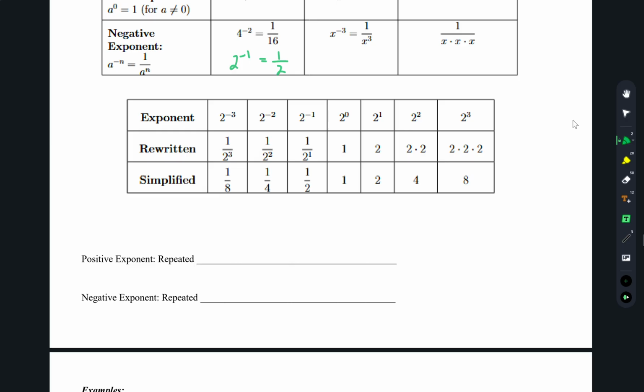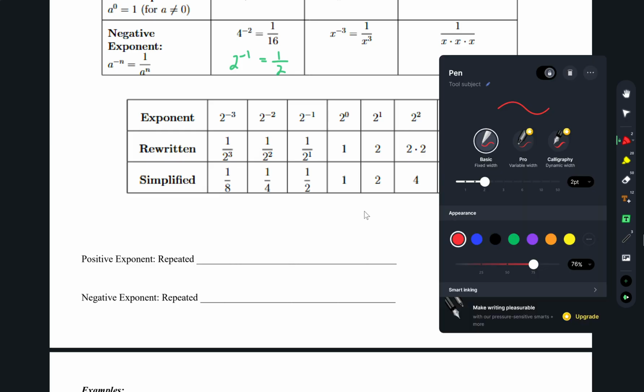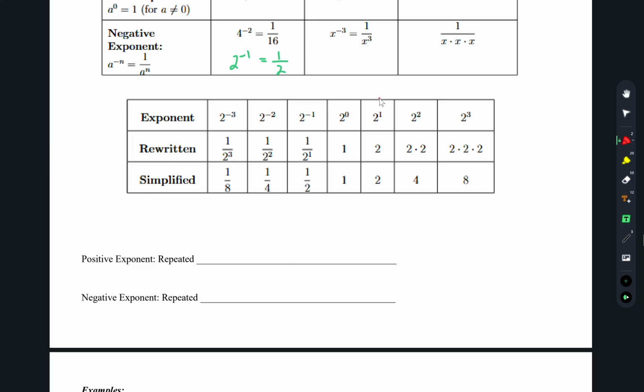Here's the reasoning. For exponents, you see how you're just multiplying by 2 each time? 2 to the 4, times 2 gets 2 to the 8. The positive exponents mean repeated multiplication.